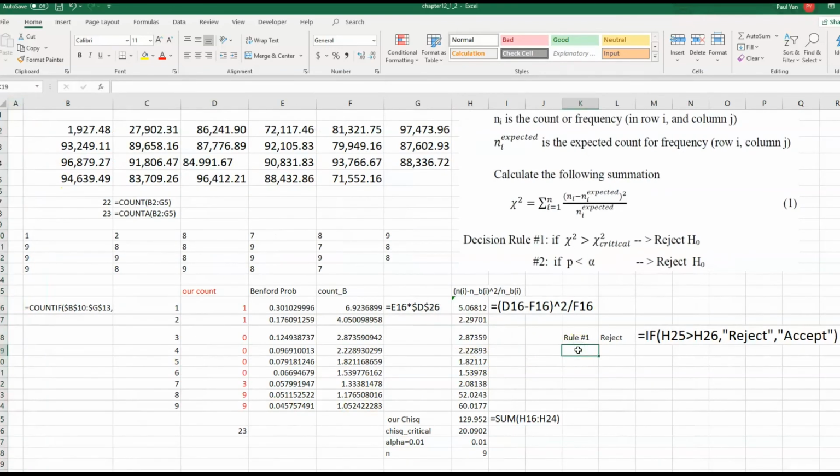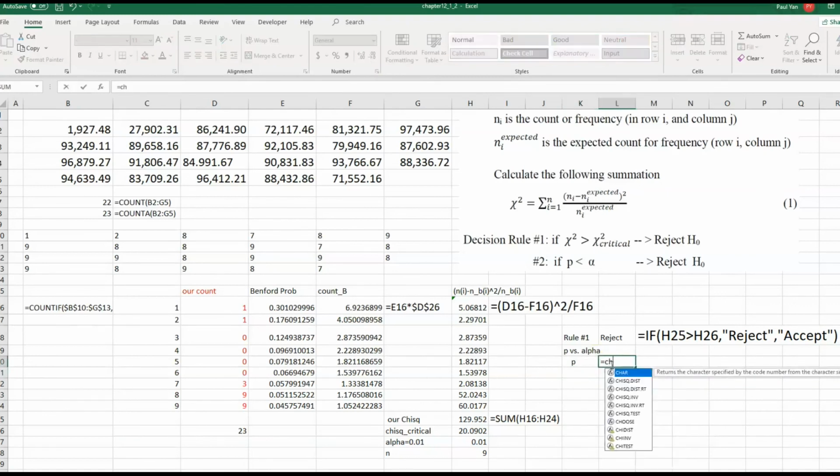Then we calculate P versus alpha. We know alpha is 1%. So this is our P value. For the P value we use chi-square distribution right tail, CHISQ.DIST.RT.